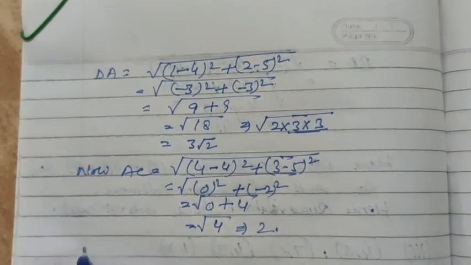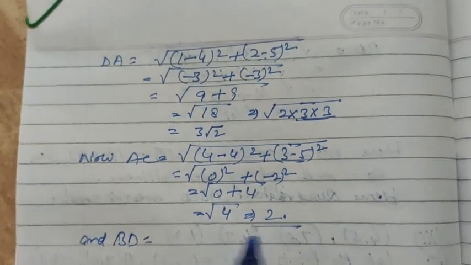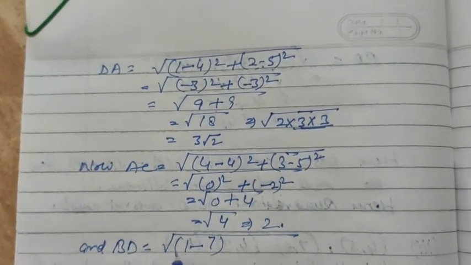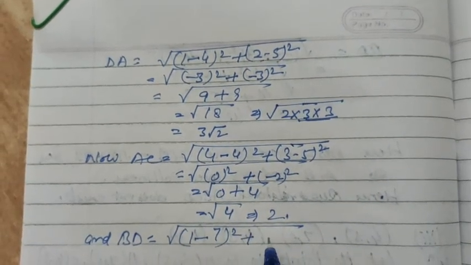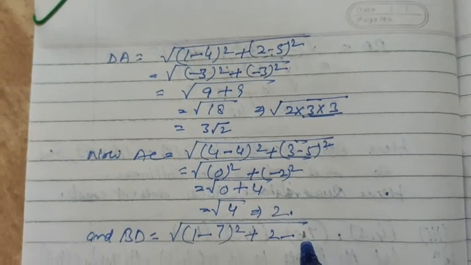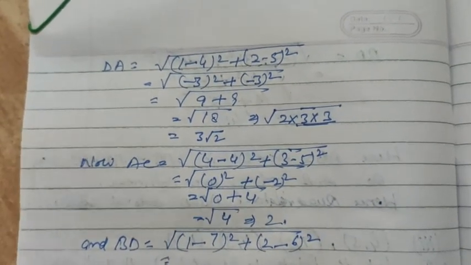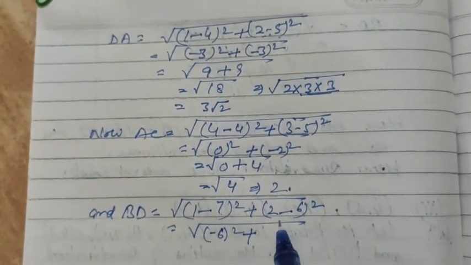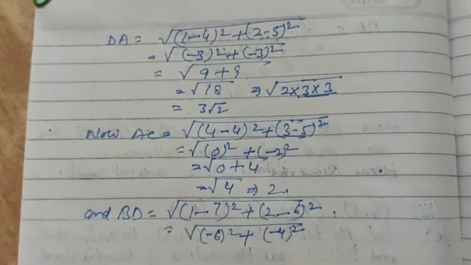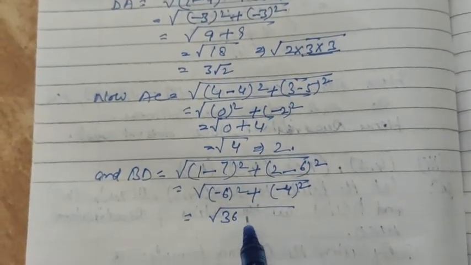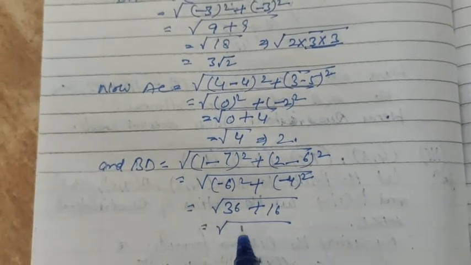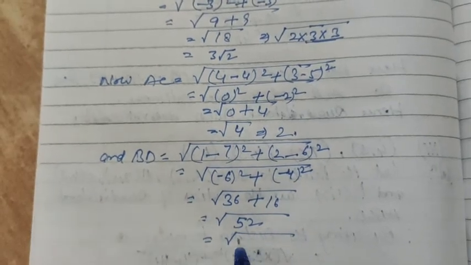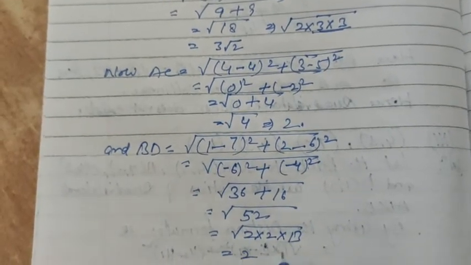And diagonal BD will be x4, that is 1, minus x2, that is 7, 1 minus 7 squared and y4, that is 2, minus y2, that is 6, 2 minus 6 squared. So this will be 1 minus 7 becomes minus 6 squared plus minus 4 squared. So minus 6 squared becomes 36 plus 16 and this will be 52. So the prime factors of 52 will be 2 into 2 into 13. So this can be written as 2 under root 13.